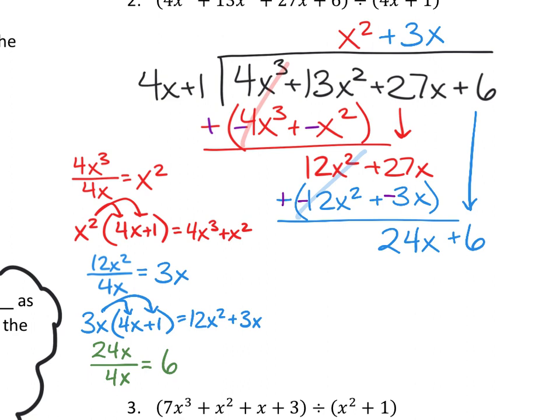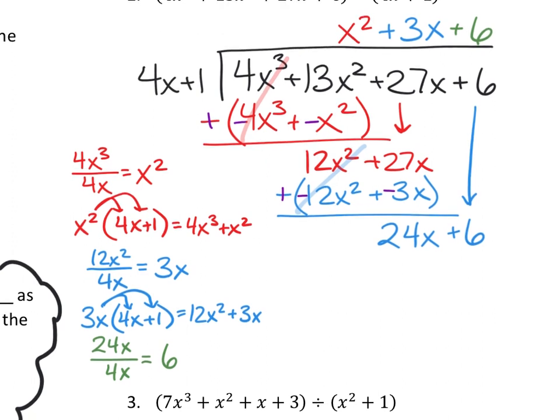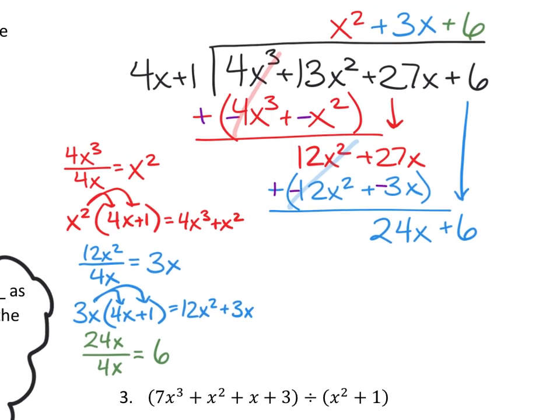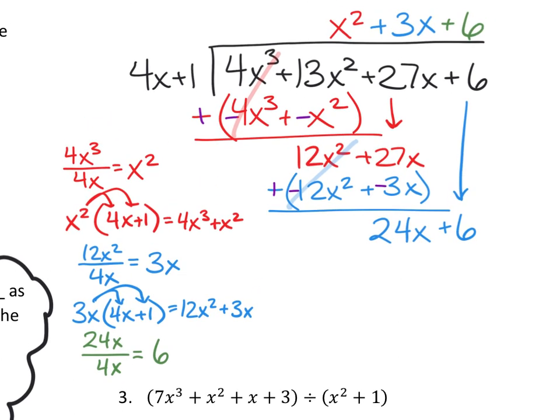X divided by x cancels each other out, so it's just 6. I ran out of room. I would then do 6 times the entire divisor, making sure I write it down correctly. That's 24x plus 6.